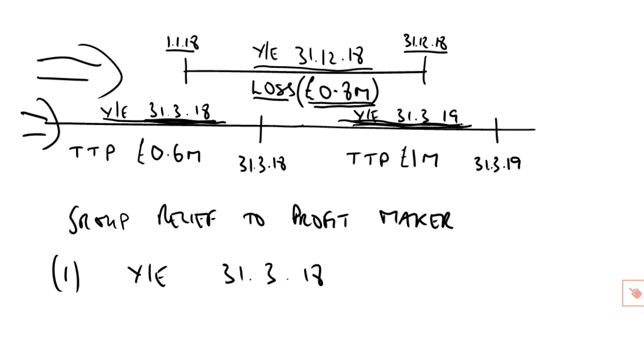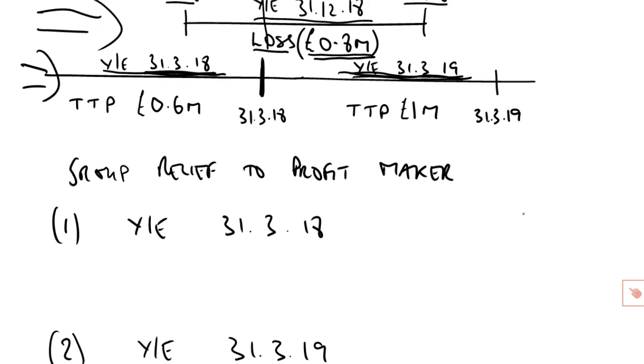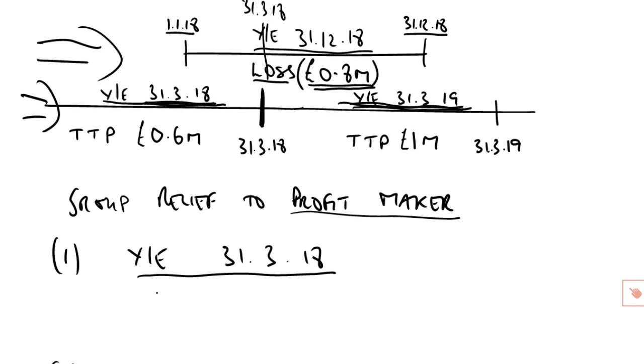Now, I think we can see, hopefully without too much difficulty, that 3 months of our loss-making period corresponds with 3 months of the profit-making period to the 31st of March 18. So when we group relieve to the profit maker for the year ended 31st of March 18, how much loss do we have available?